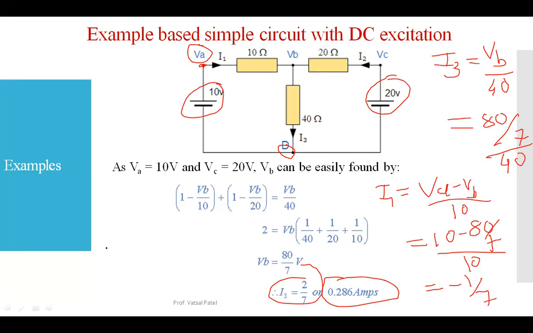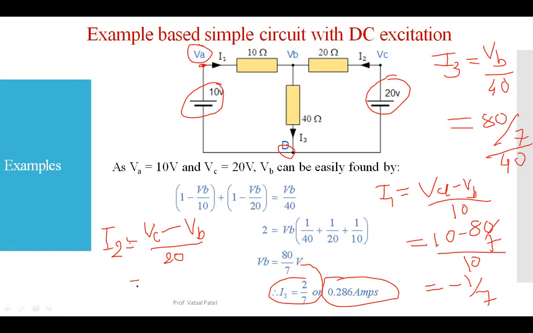Can we identify the I2 also? It is equal to VC minus VB divided by 20.